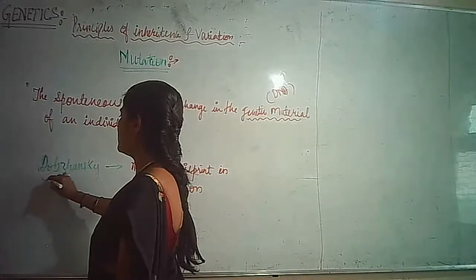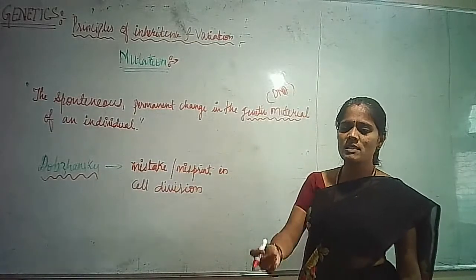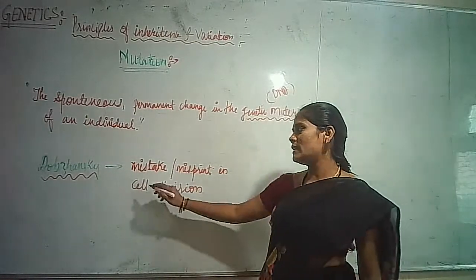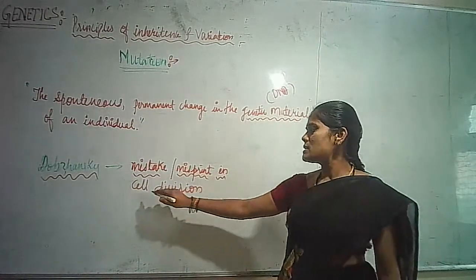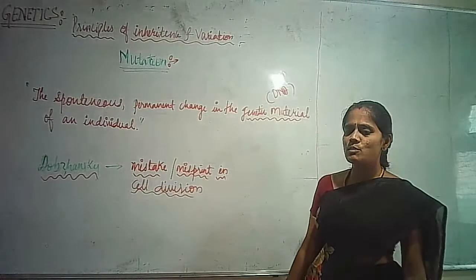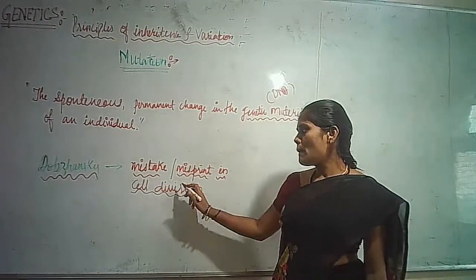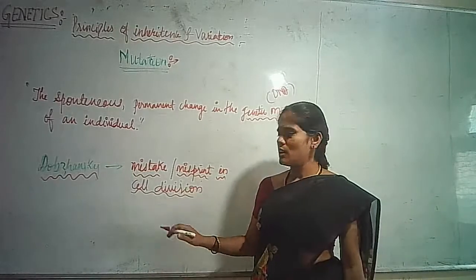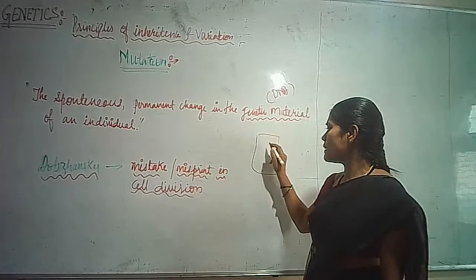According to a scientist called Robson, mutation in a single word is a mistake or misprint in cell division. What exactly is happening in cell division?